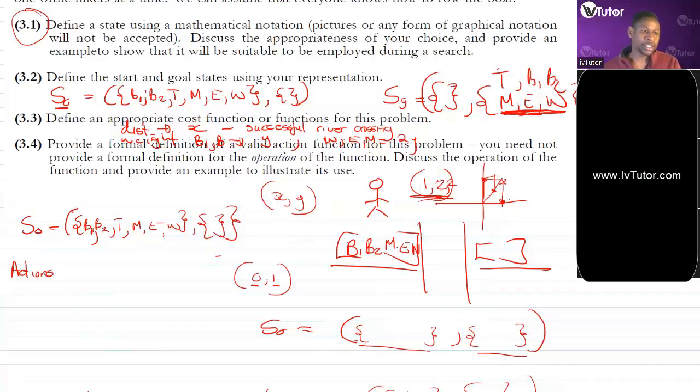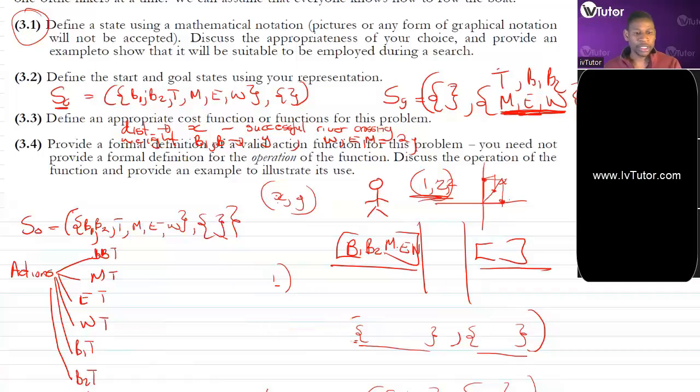Here you're going to have BB, or M, or E, or W, and we can add T here. We can see BBT, MT, ET, WT. So these are the applicable actions at any given time. Or we can have B1T or B2T. Right. So these are the actions.